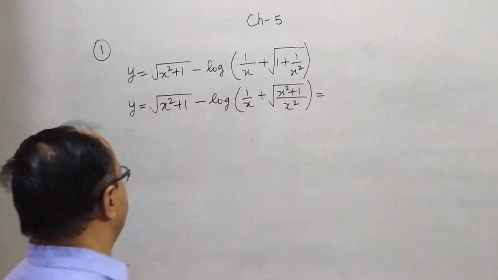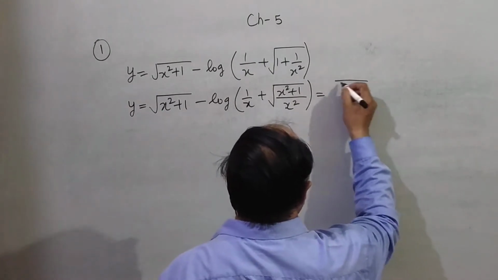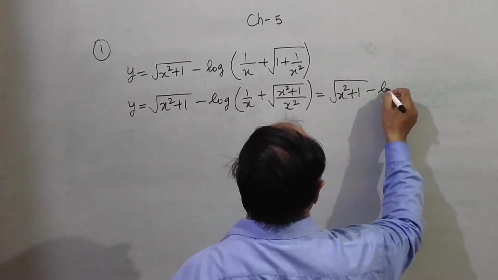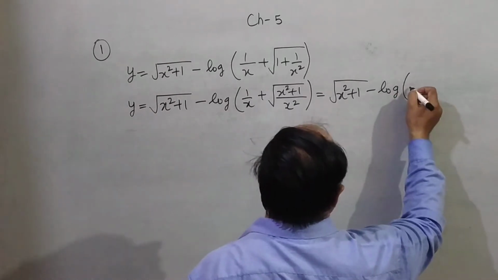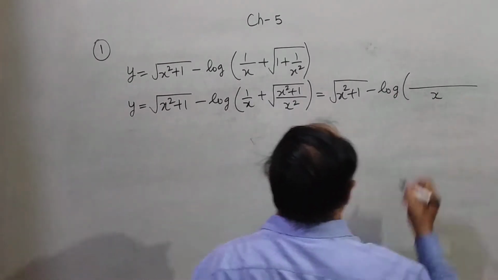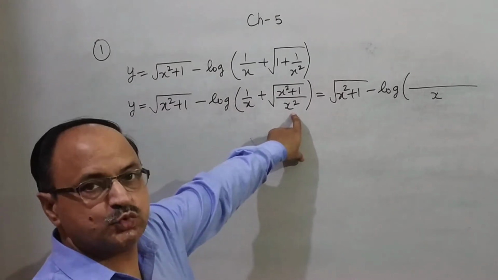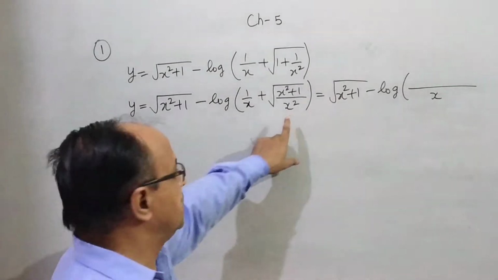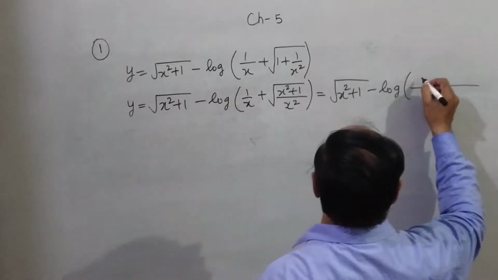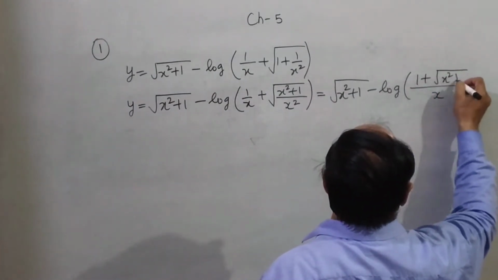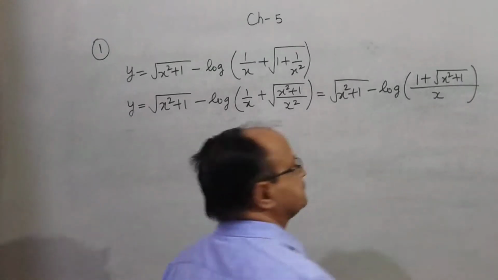When you further simplify, it will become root x square plus 1 minus log of the fraction. You know that root x square is equal to x, so it will become 1 plus root x square plus 1.